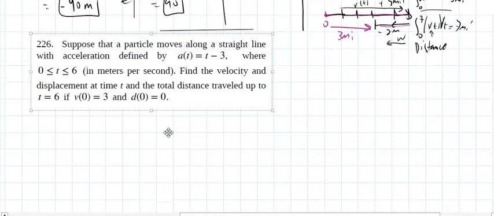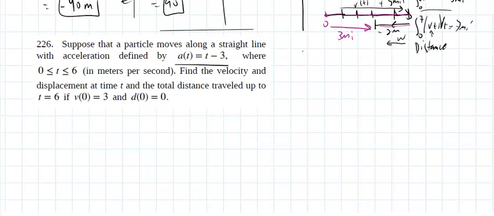Well, let's get this part out of the way. Suppose that a particle moves along a straight line with acceleration given by t minus 3, where t runs between 0 and 6. So remember again, if I'm given the position of a particle, if I take a derivative of that, that will be the velocity. And if I take a derivative of the velocity, that will be acceleration.